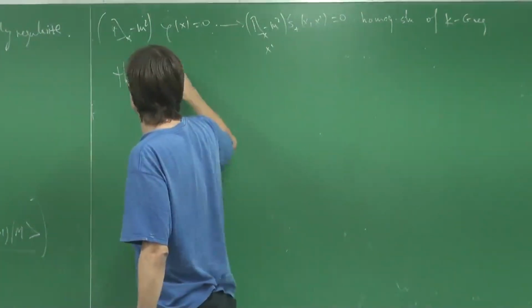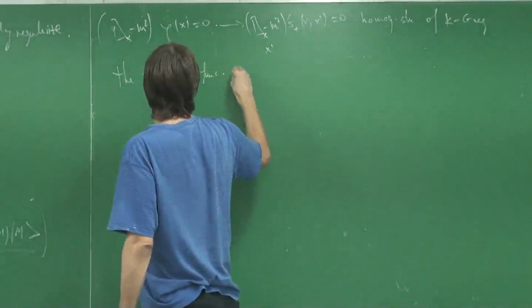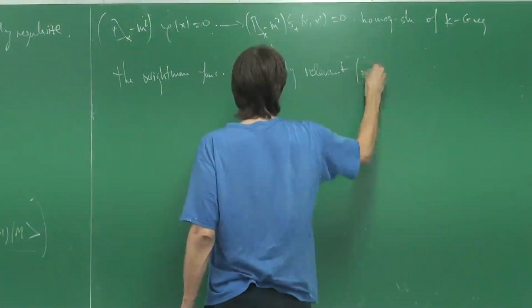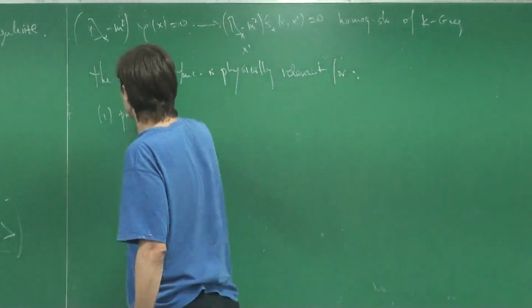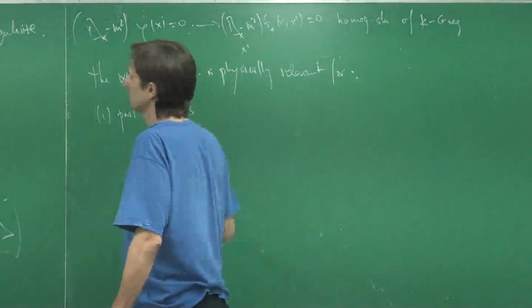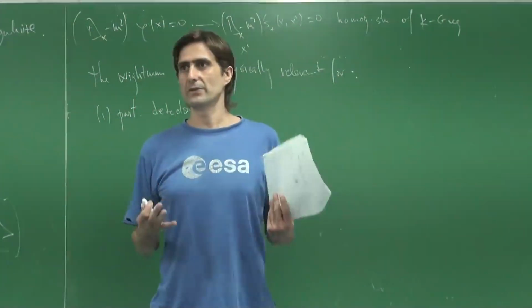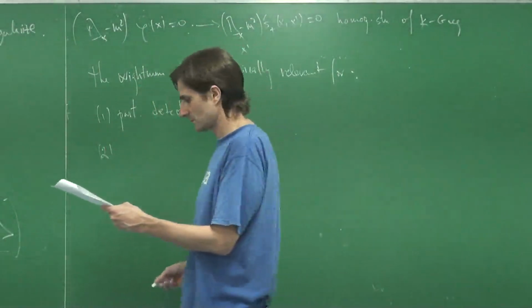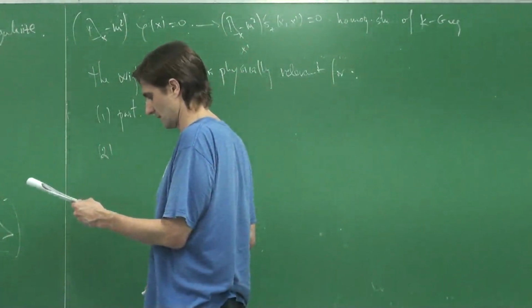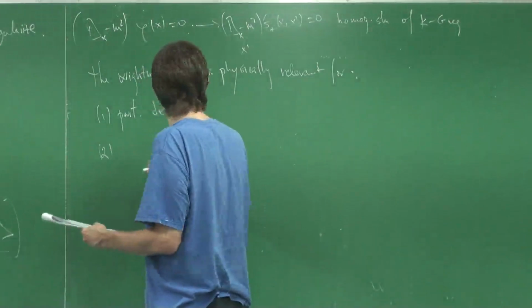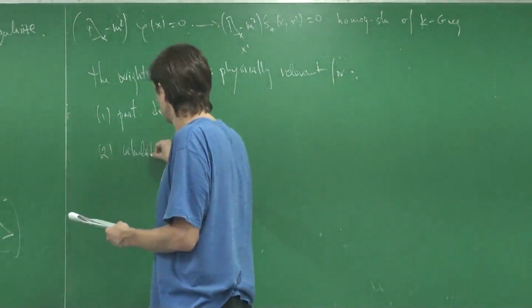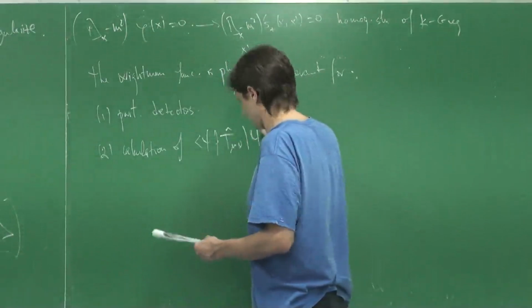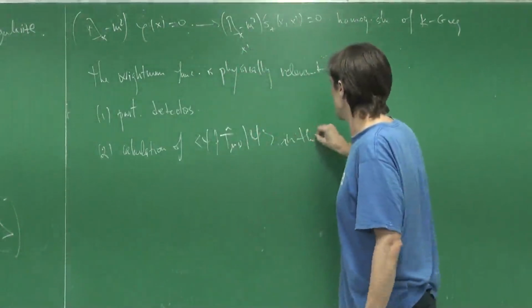So the Wightman function is physically relevant for particle detectors, and although it's not necessary to calculate the RSET, it can be used to calculate the RSET, the renormalized stress-energy tensor, in the semi-classical equations.